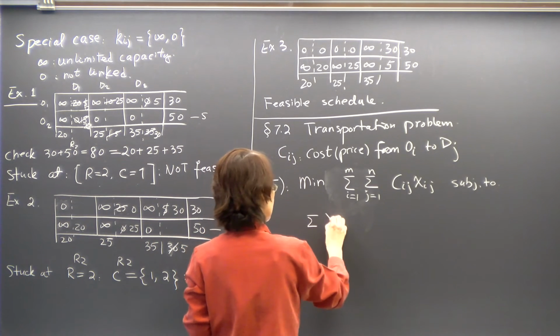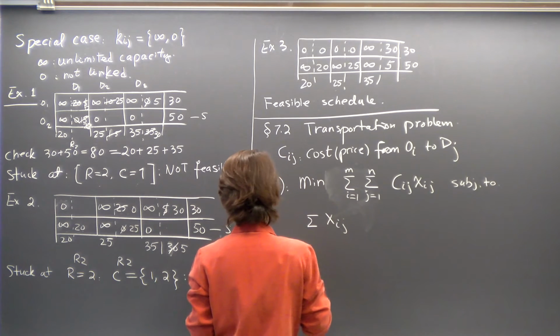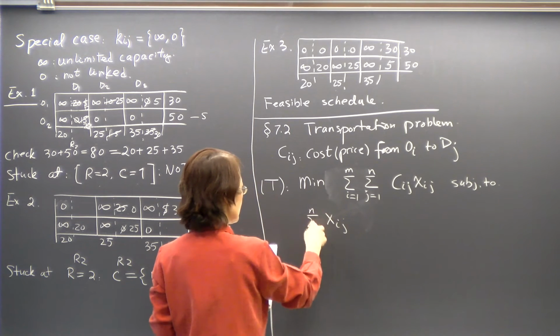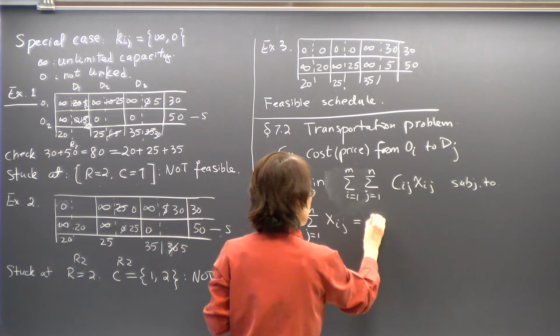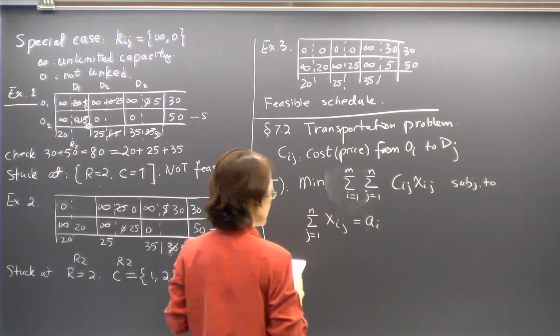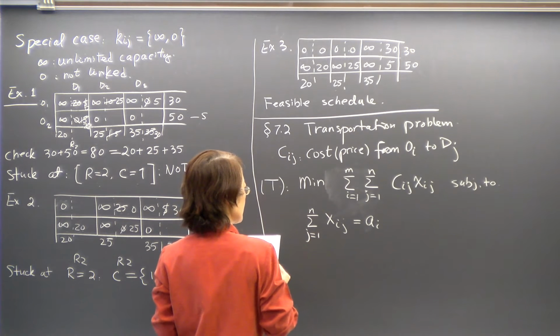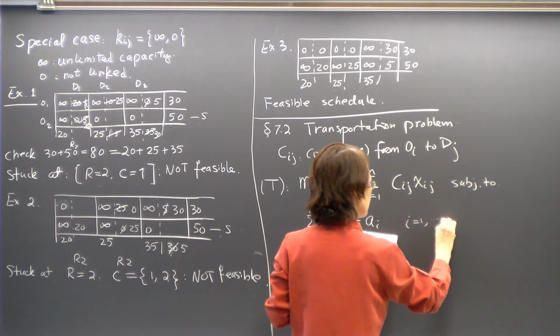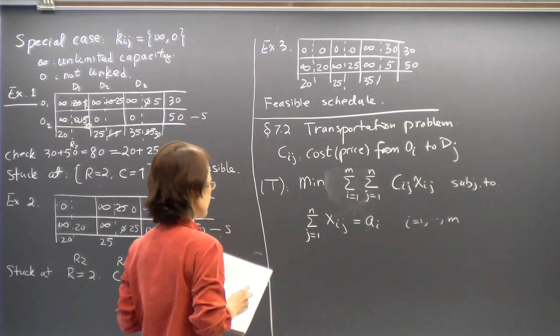So if I add up all xij, running j from 1 to n, the supply at ai will be exactly used up or shipped out, going through all the origin locations.